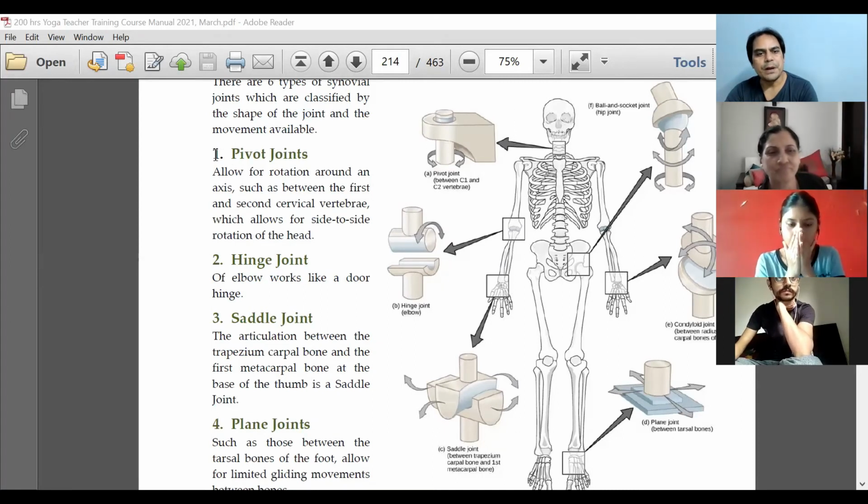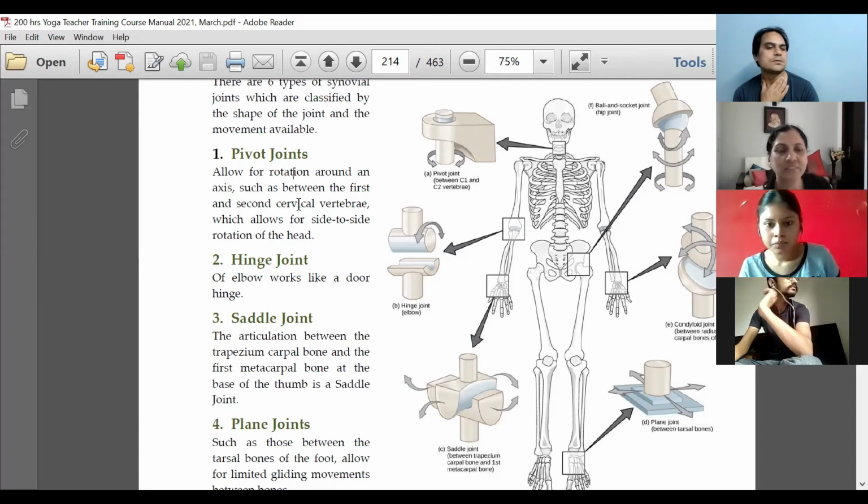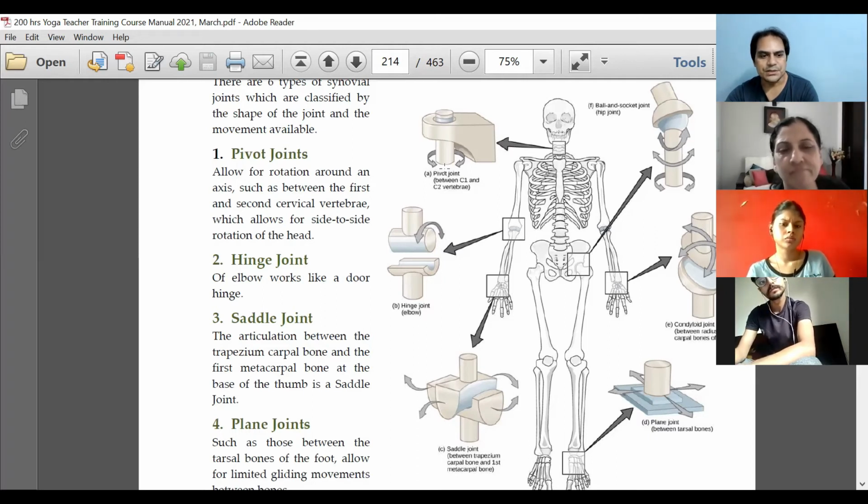So first is pivot joints. Pivot. So this allows you to rotate your neck left and right. So rotation happens because of this joint. You can see there are some joints in the furniture and some structures.